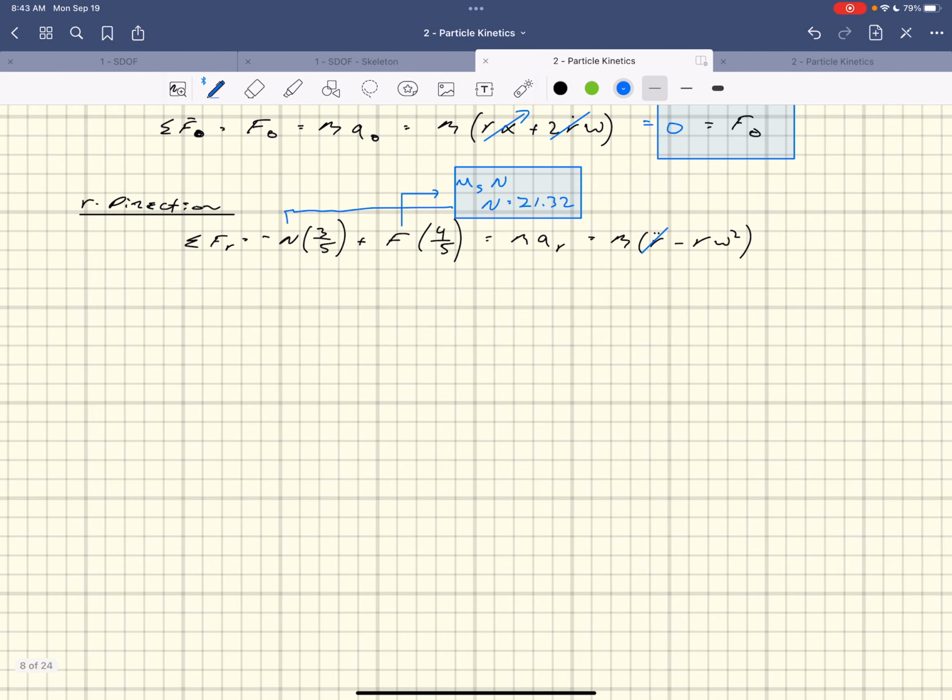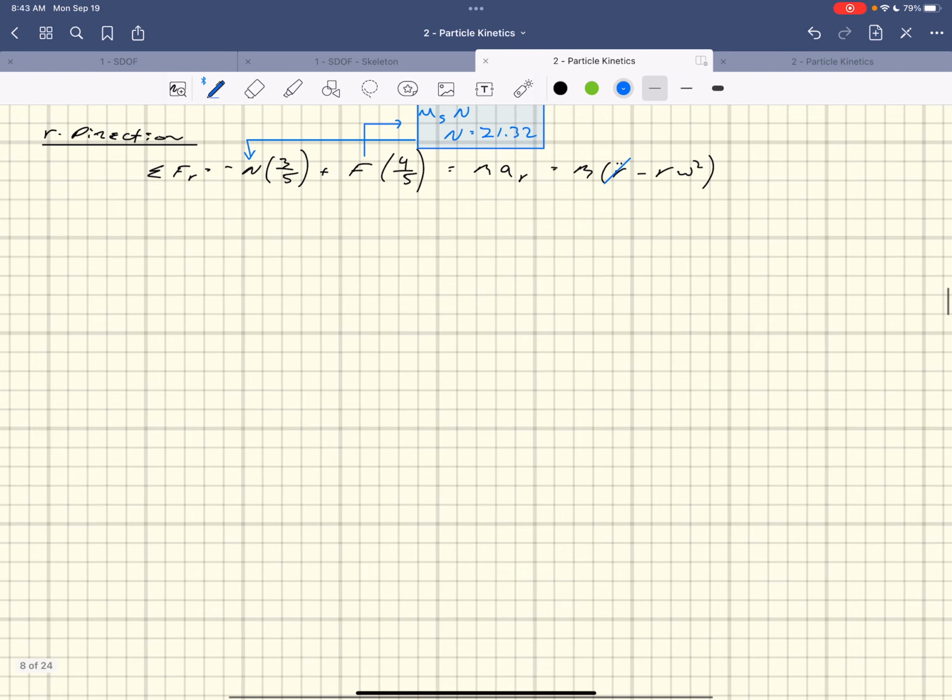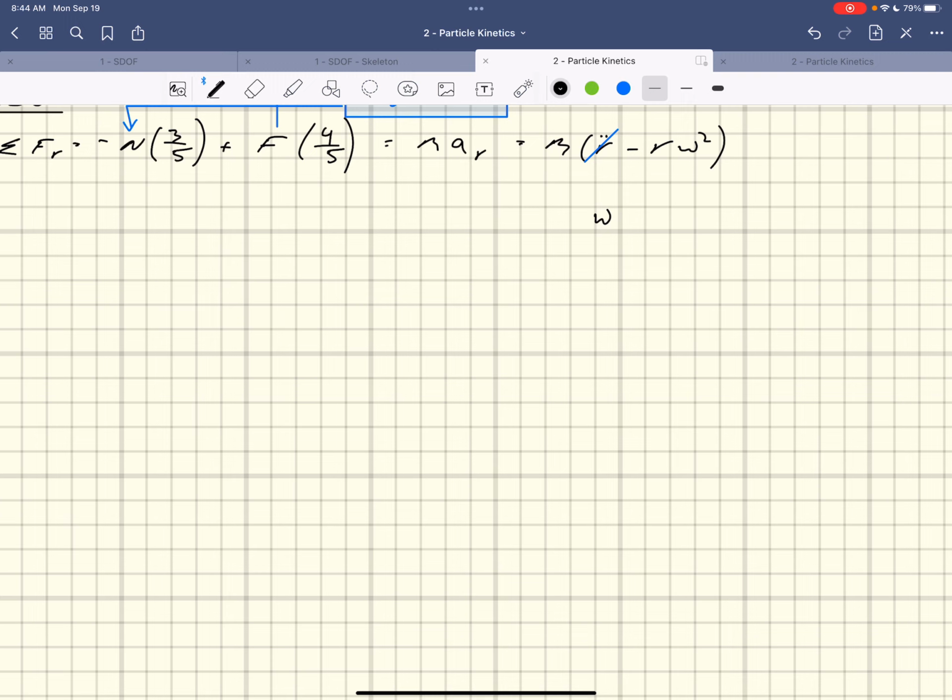That goes right there. If you plug those things in, it's equal to r omega squared. The only unknown in that equation right there is omega. And you solve for that omega. That's what we're after. The omega is equal to plus or minus 4.85 radians per second.